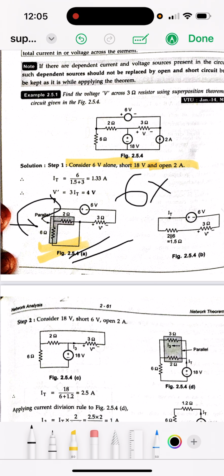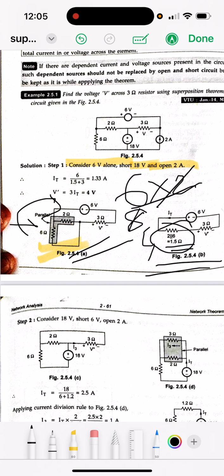So 6 into 2 by 6 plus 2, that is 12 by 8, which is 1.5 ohm. That is in series. We got 1.5 ohm in series with 3 ohm, so 4.5.